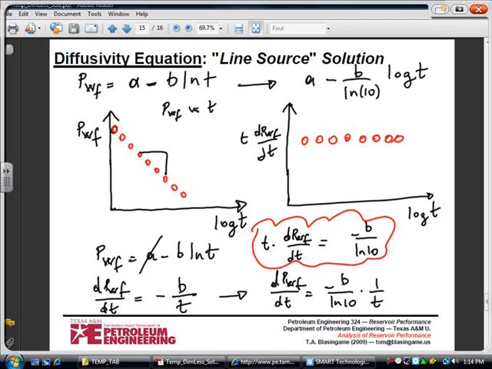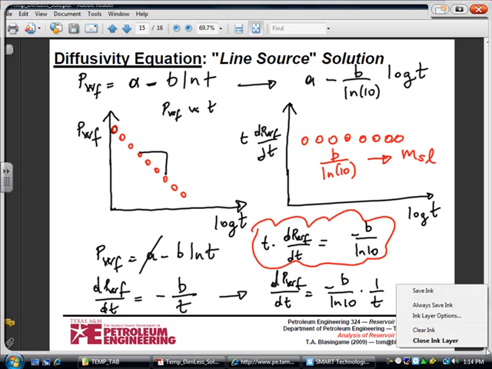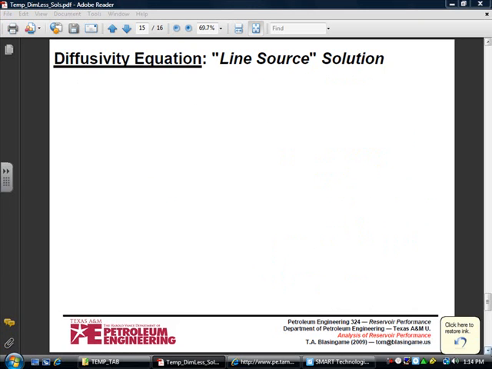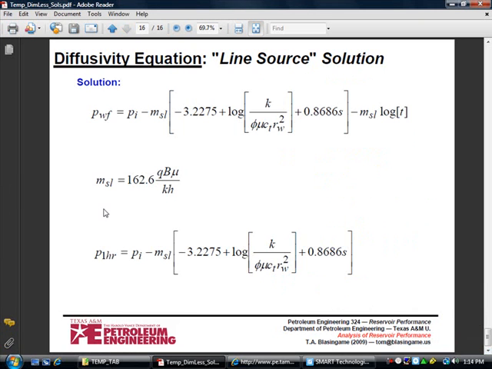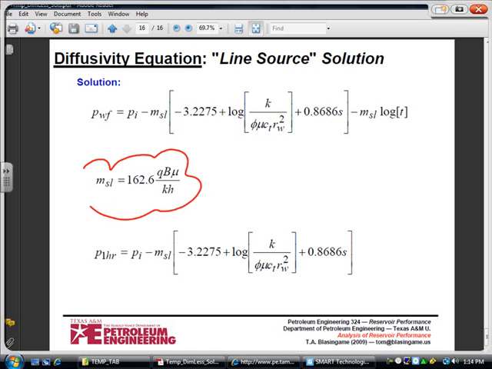And the value of the constant is B over ln ten, right? So this is the MSL in the equation here. So this is the definition for the MSL.